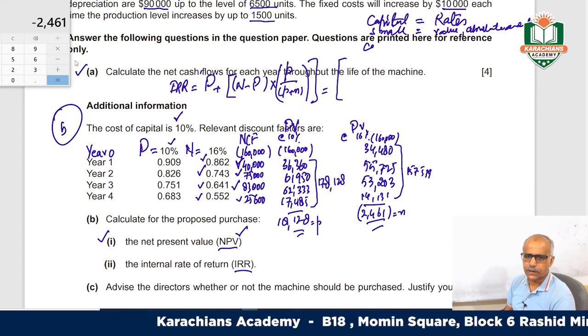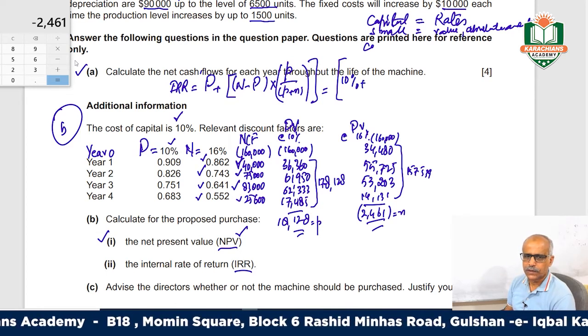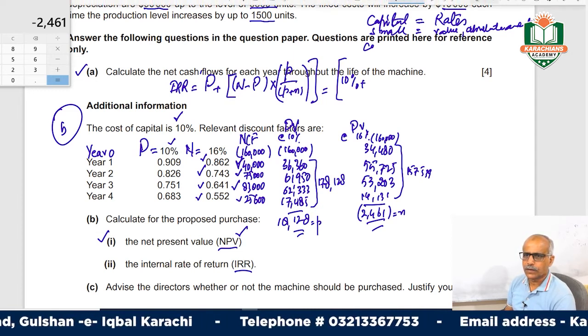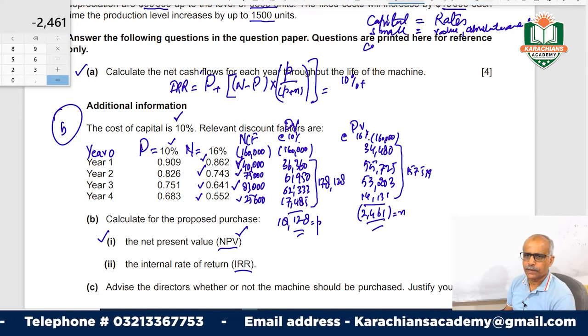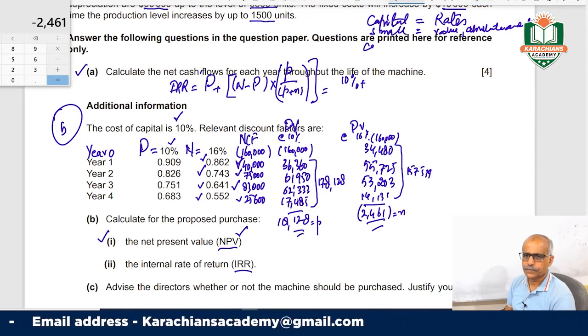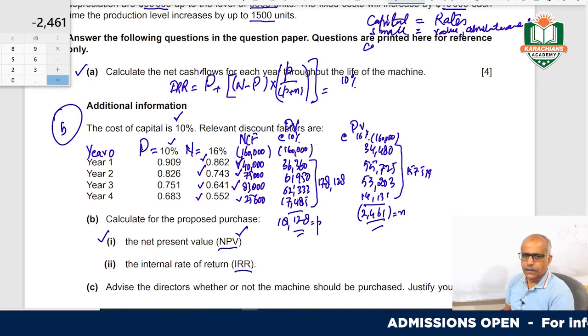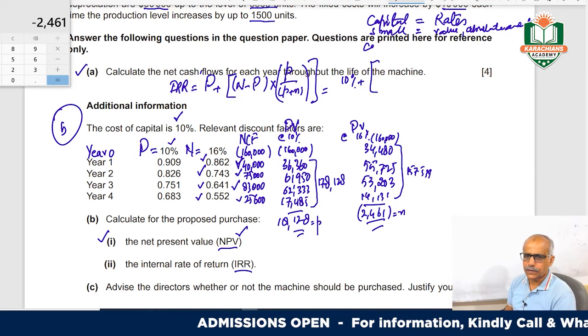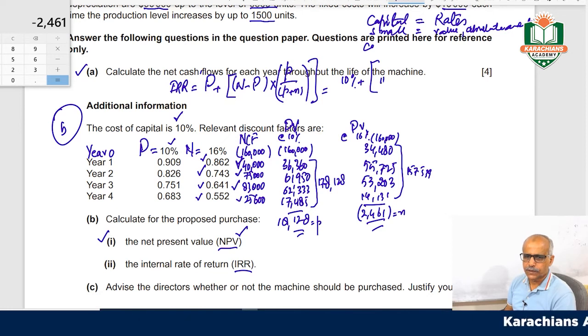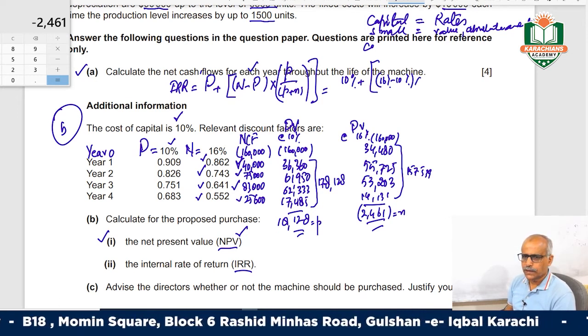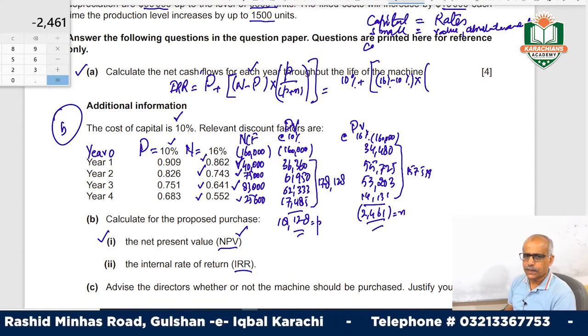Capital P is 10%, plus the difference: capital N minus capital P is 16% minus 10%, the rate difference, and this will be multiplied by p upon p plus n.